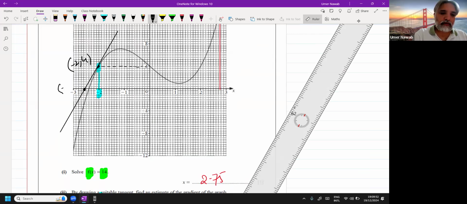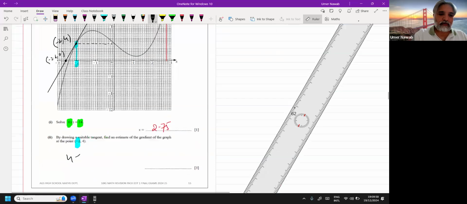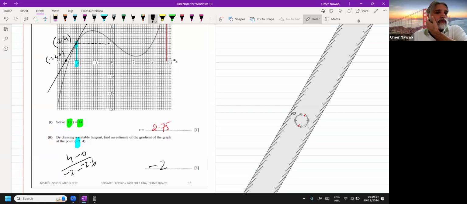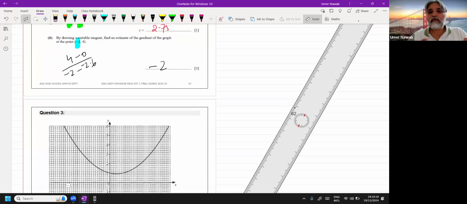So -2.6, 0. I can write y2 minus y1: 4 minus 0 over -2 minus -2.6. And then my answer will come, it's -2. Looks like -2. Check what answer you get, but it will be within the range.